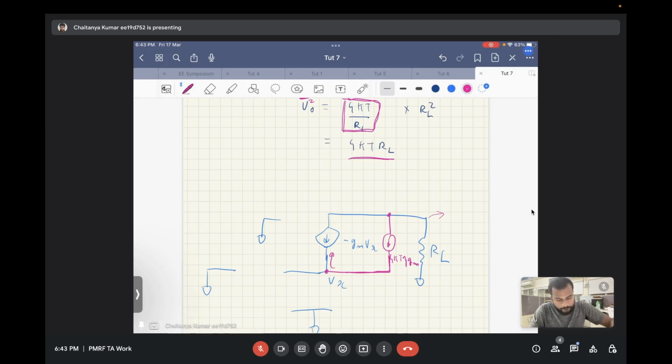Are you able to understand this? Because there is open circuit downward, so this noise current can only flow in upward direction. And since it can only flow in upward direction, what will be the current at this point? That will again be 4kT eta times Gm. Now 4kT eta times Gm is flowing in this direction.